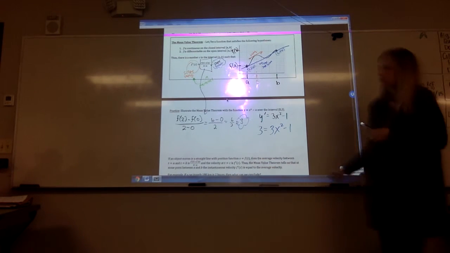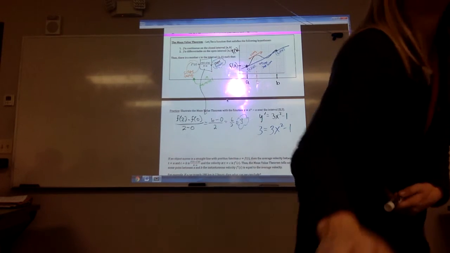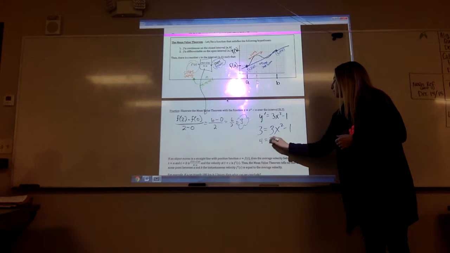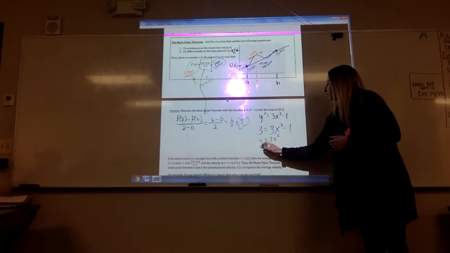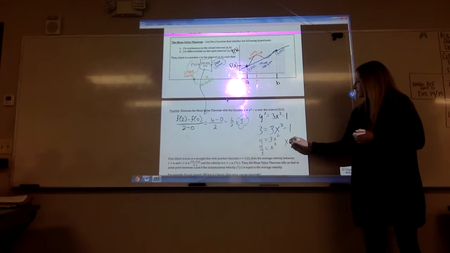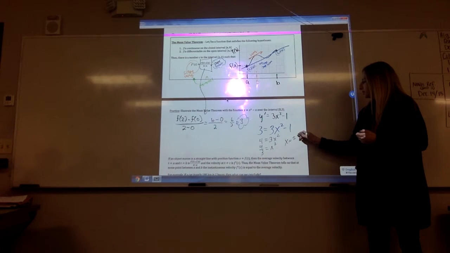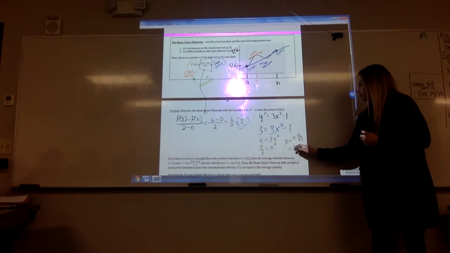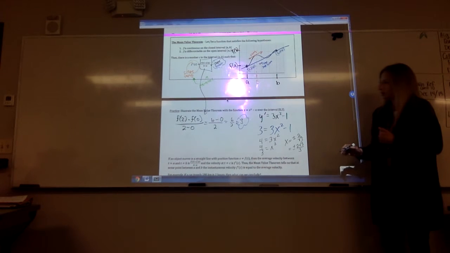So let's find that point. So I have 4 equals 3x squared. 4 thirds is x squared. And then x is plus or minus 2 root 3, which is really plus or minus 2 root 3 over 3 if I rationalize the denominator.